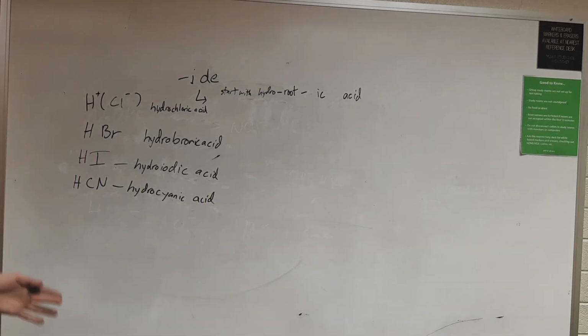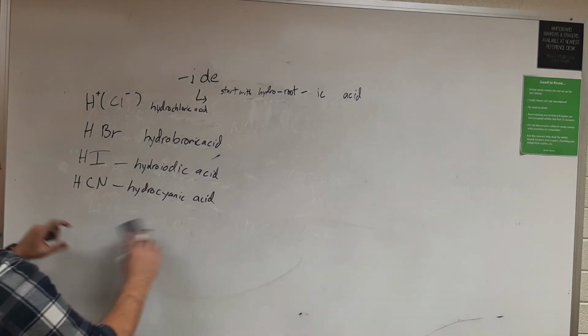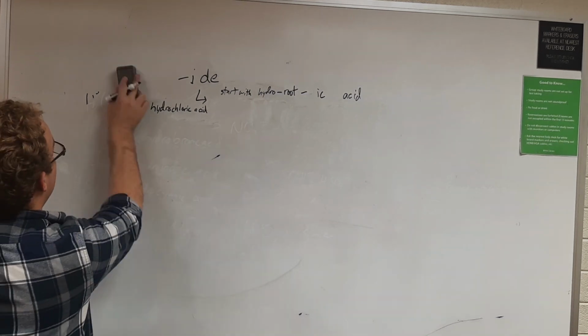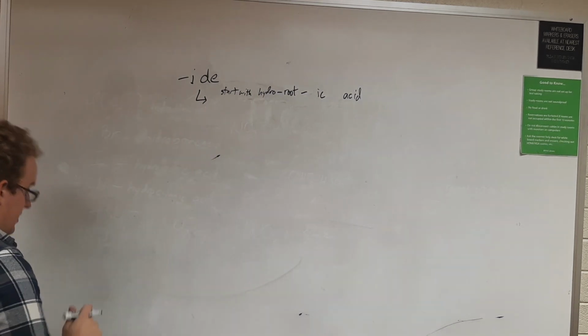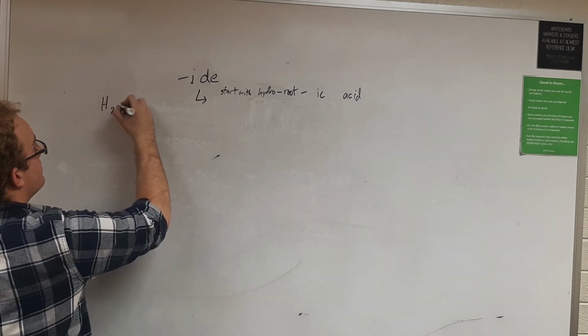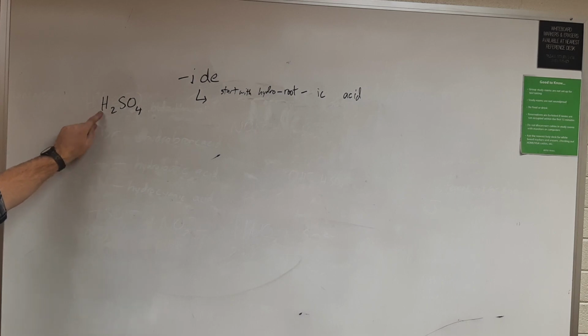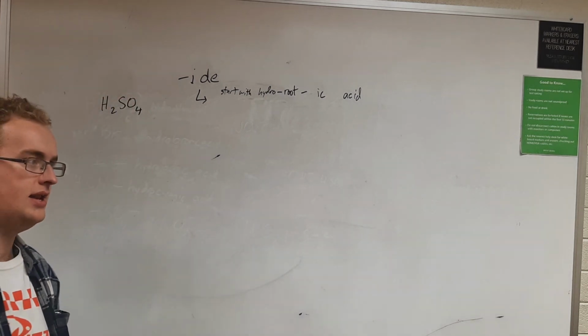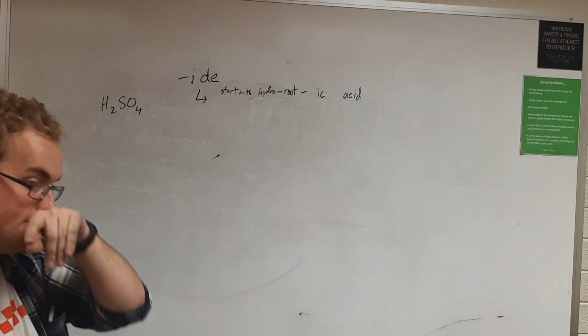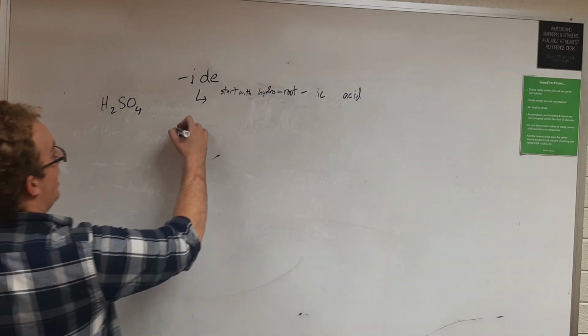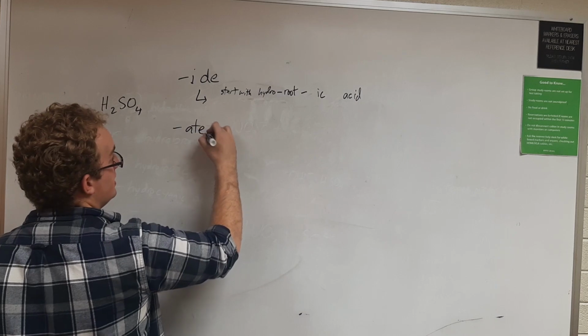So that's the rule if it ends with IDE. Now let's think about some other acids, like H2SO4. This one is hydrogen and sulfate. Sulfate doesn't end with IDE, so I need to think about a different rule. Now we think ATE endings.